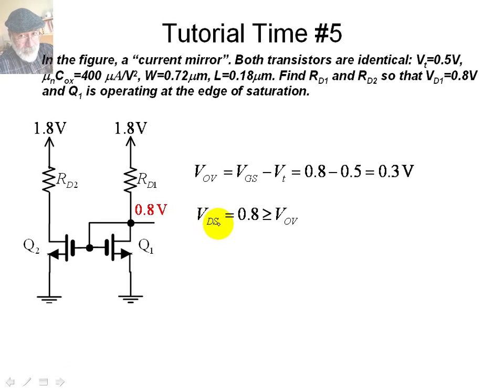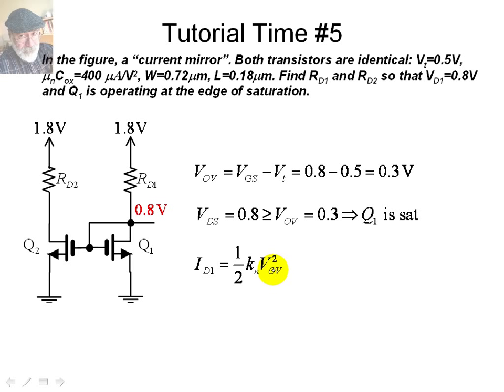And then we check VDS. VDS in this case is also 0.8 volts, and that is more than the 0.3 volts of the overdrive. So this transistor Q1, the NMOS on the right, is in saturation. If it's in saturation, we know that the formula for the drain current is this one. Observe, we know Kn, or at least we can compute it.